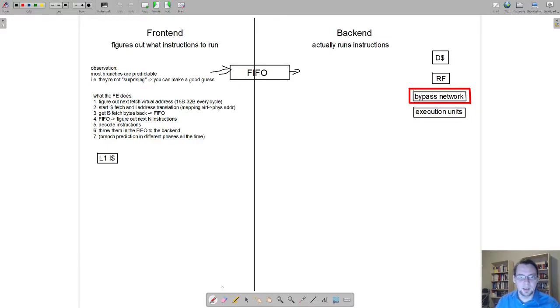So what's happening, and I've updated our hardware here, is that you have the execution units here, and you have plenty. Say you have ALU 0 here, you have ALU 1, like you typically have two of these.